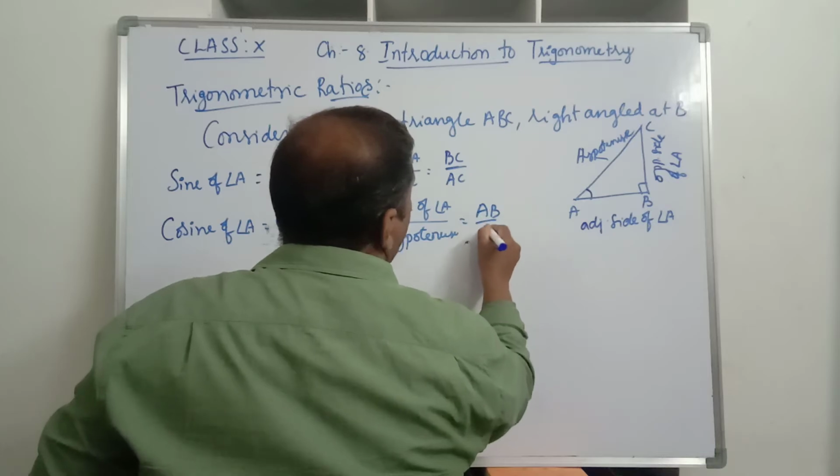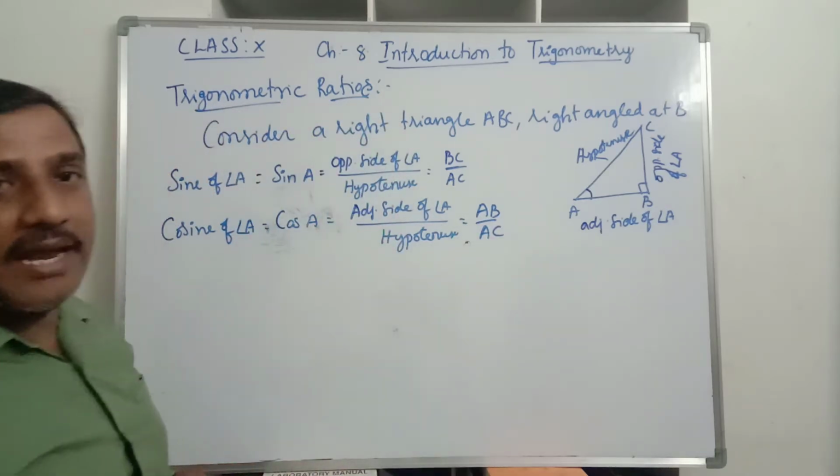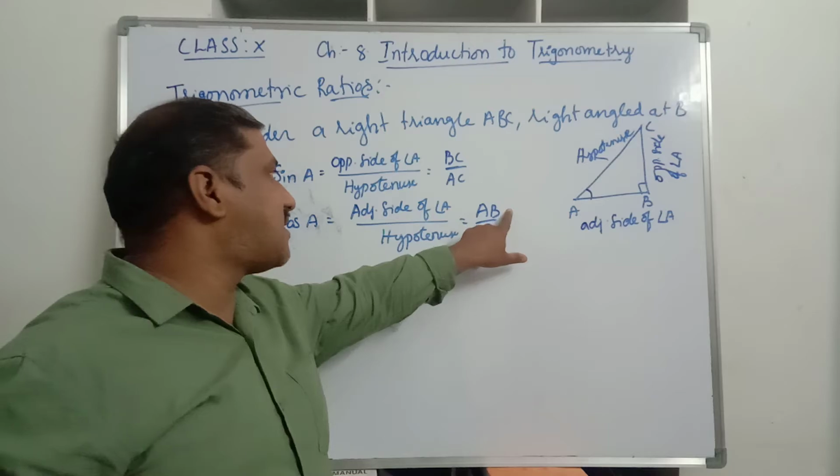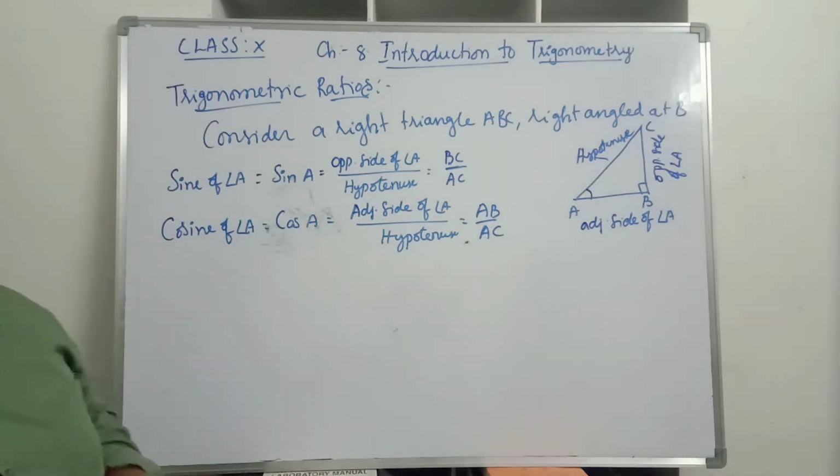The adjacent side of angle A is AB and the hypotenuse is AC. So cos A is AB by AC.